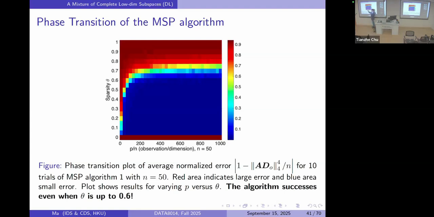As long as the number of samples, the ratio P over N, is larger than some value, depending on how sparse the vector is, as long as it goes above this curve, everything works. So 100% you find the global optimal solution.